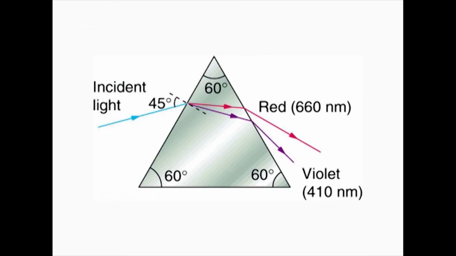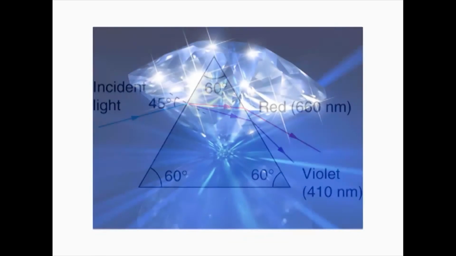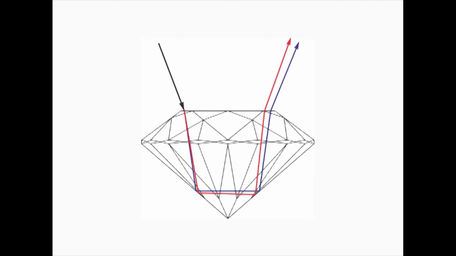Dispersion is actually measured by subtracting the refractive index of red light from the refractive index of violet light. The gemstone most famous for its dispersion is diamond, but several colored gems are noted for their impressive dispersion, including sphene, demantoid garnet, sphalerite, and zircon.